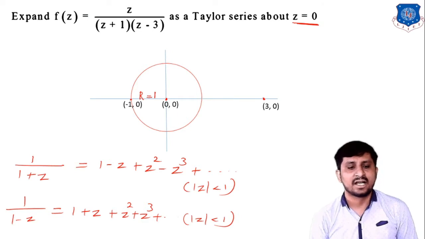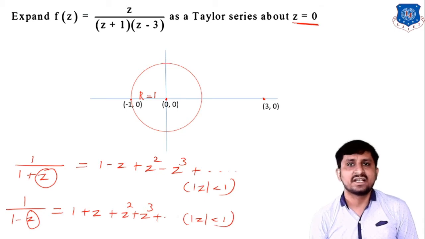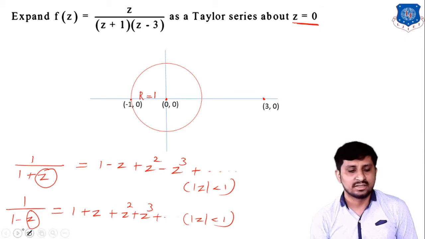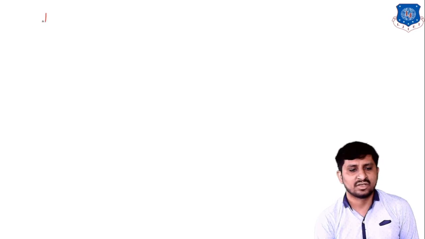Now instead of z, suppose you have any function of z. It can be z square, z cube, z by 2, z by 4. But if the modulus value of that function is less than 1, then you can use both formulas. Let me give you one example. Suppose you have 1 upon 1 plus z square by 4.